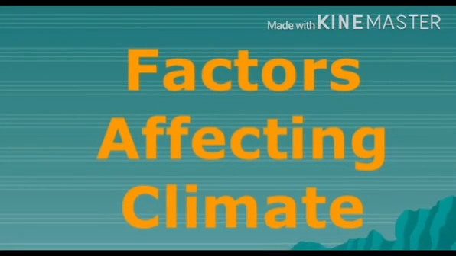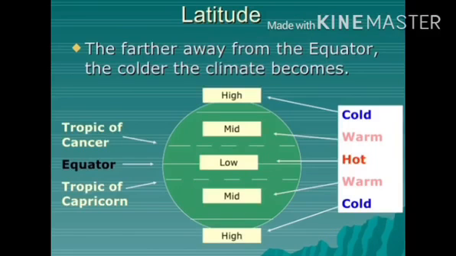Now the geographical factors affecting the climate at any place. First is the latitude. The farther away from the equator, the colder the climate becomes. Means if the place is farther from the equator, that place experiences cold, whereas the places near the equator become hot and warm.